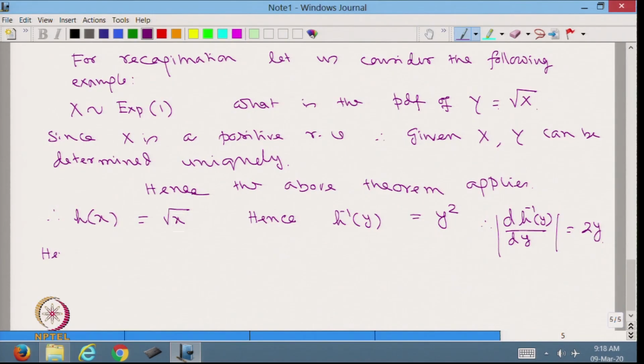Hence, g of y is equal to f at h inverse of y into 2y is equal to e to the power minus y square into 2y.